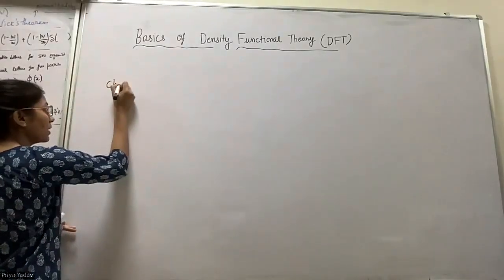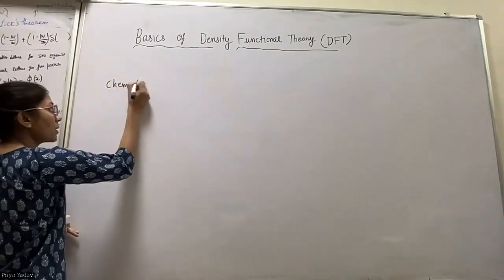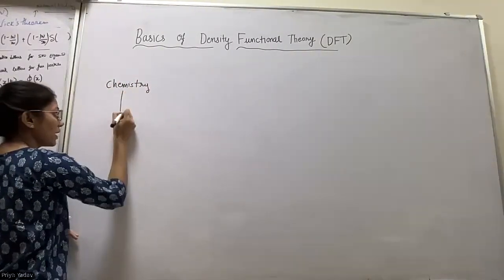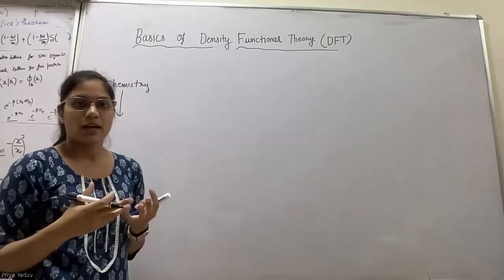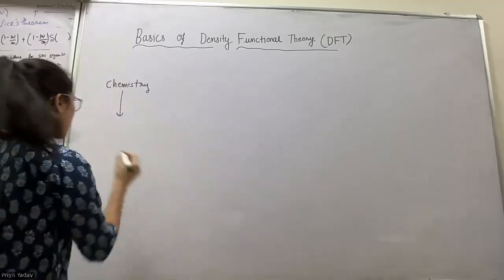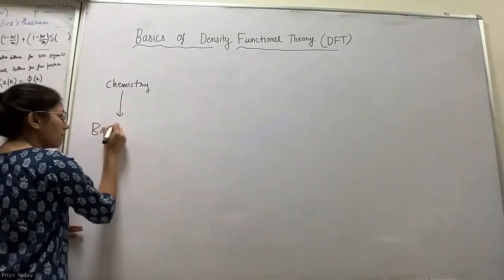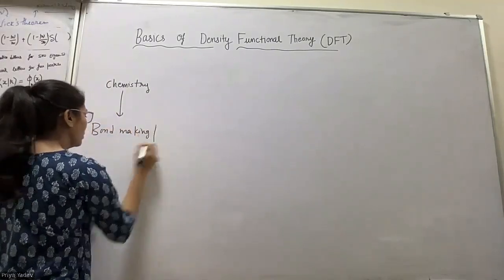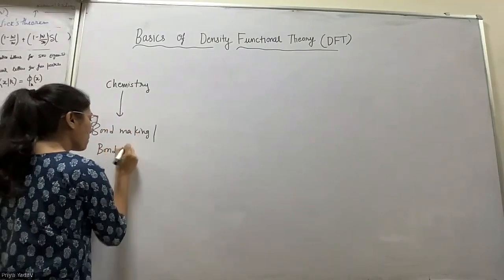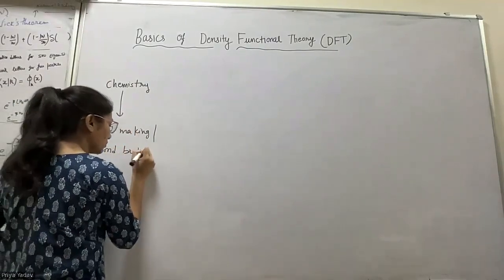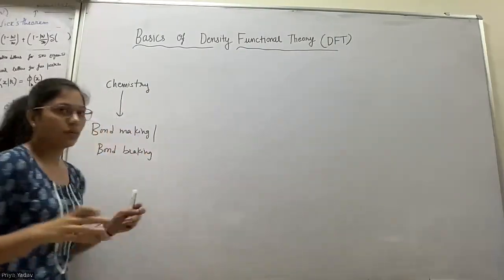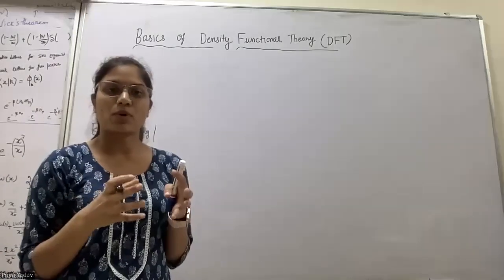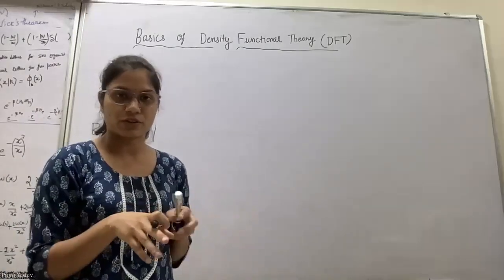So basically in chemistry, we study reactions, right? And what reactions are is basically either bond making or bond breaking. And what bond breaking and bond making are is the redistribution of electron density.